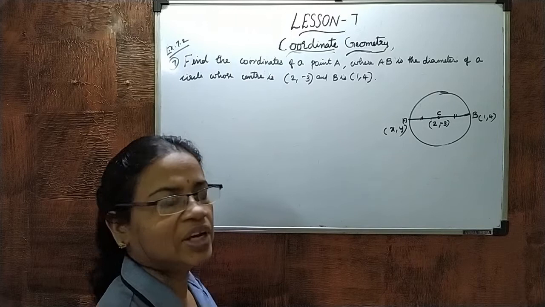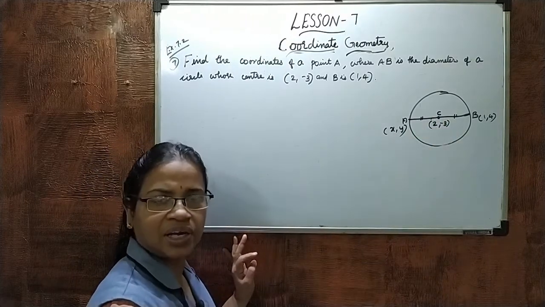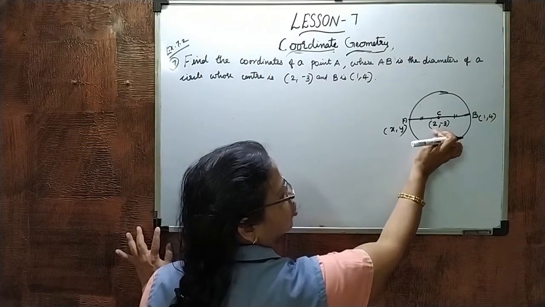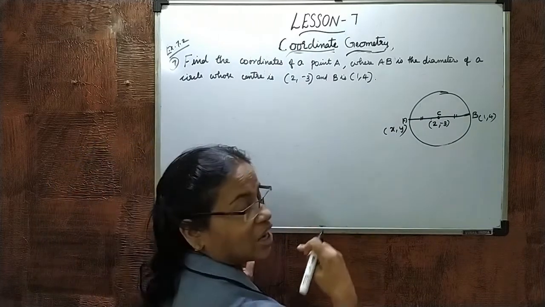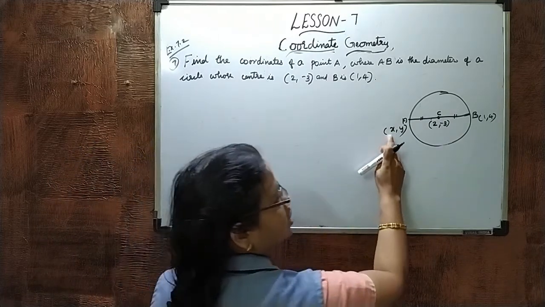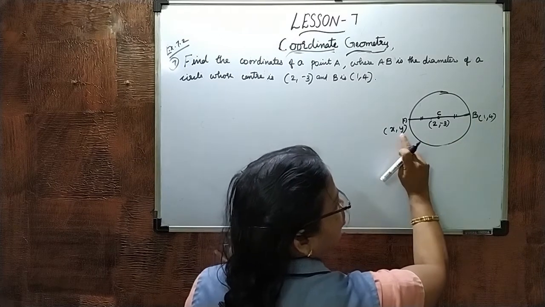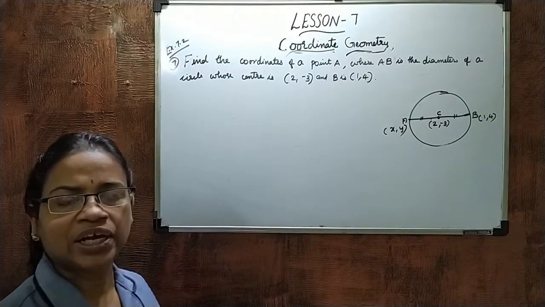And one more thing what we can say, C is the midpoint, right? So C is the middle point, and middle point coordinates we got. That means we have to think about the formula then. x1 plus x2 by 2 equals 2, y1 plus y2 by 2 will be equal to negative 3. Equate them, you will get the answer.